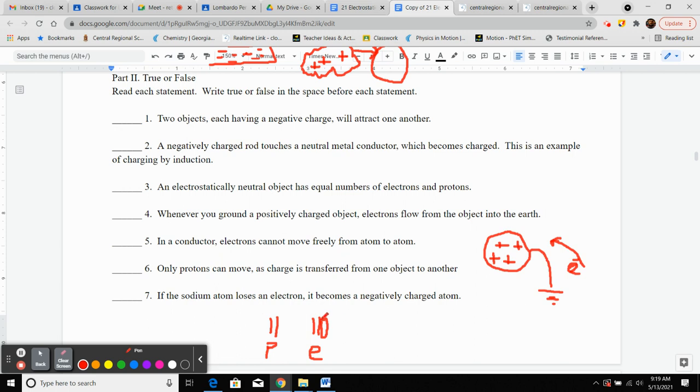So now overall, what would the charge be on this thing? You have basically a positive 11 and a negative 10. So what would my overall charge be? Positive 1. So then is this correct? Nope, it is false.